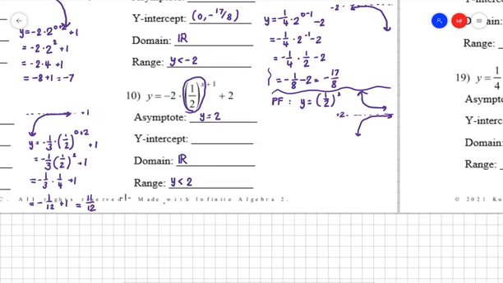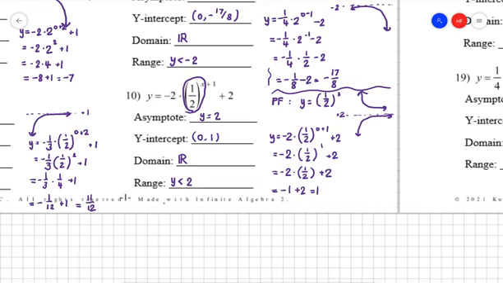Domain is all real numbers. And the y-intercept we'll find by plugging in 0 for x. So -2 times 1/2 plus 2 is -1 plus 2, which is 1. So our y-intercept occurs at 0, 1.